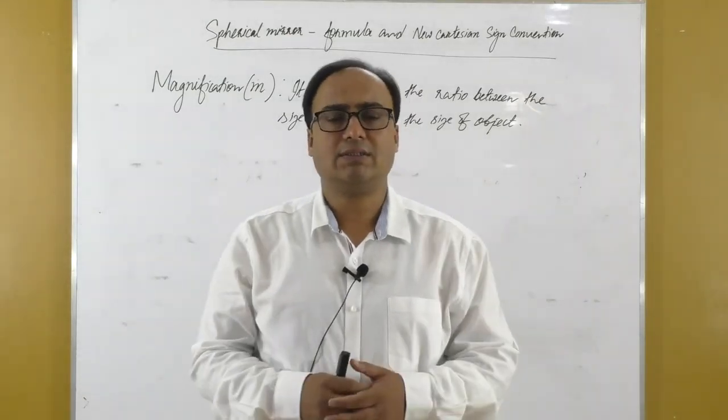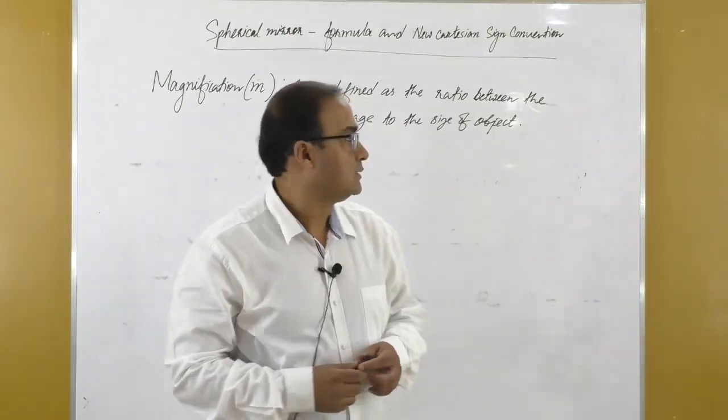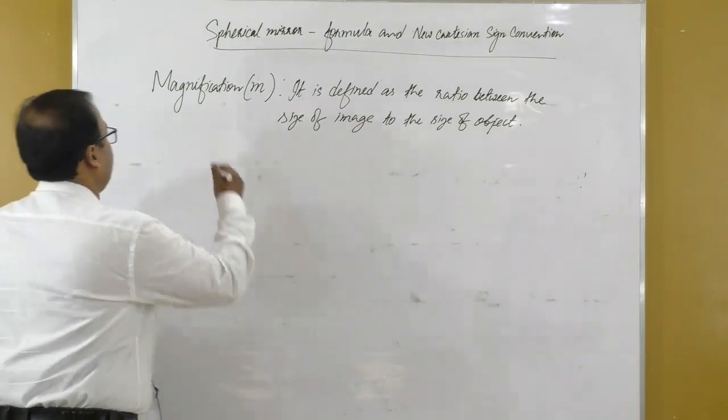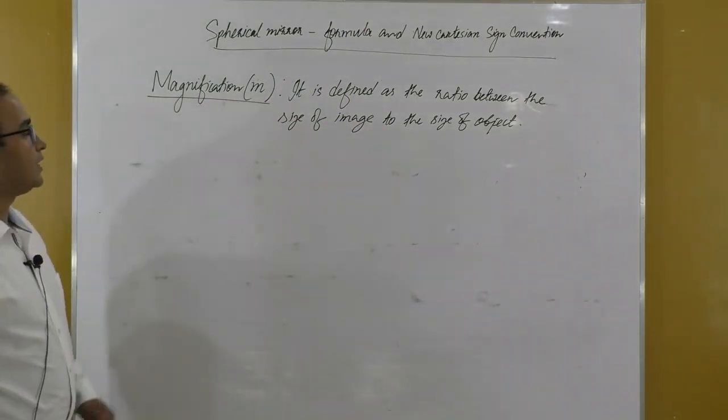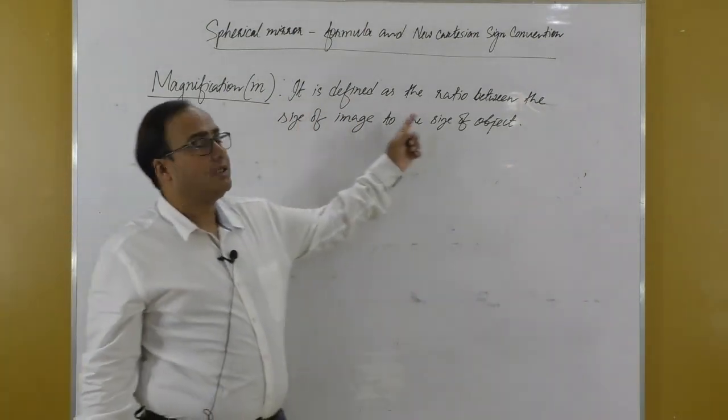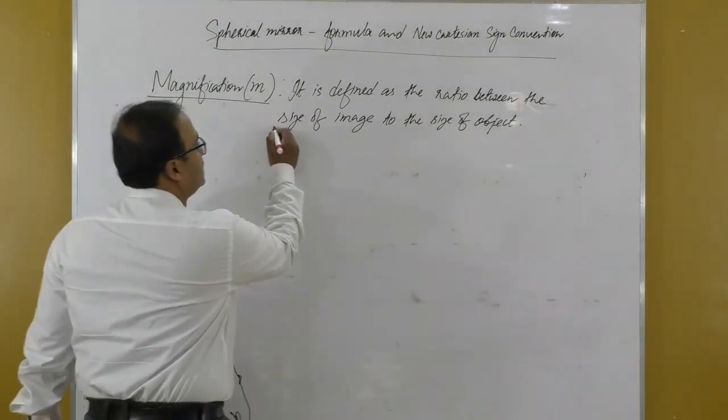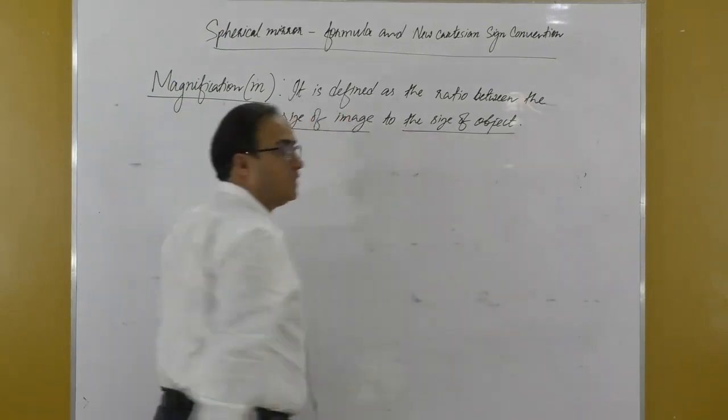Before going to discuss the formulas in detail, I am going to discuss one important topic here, that is magnification. Magnification is defined as the ratio between the size of image to the size of object.